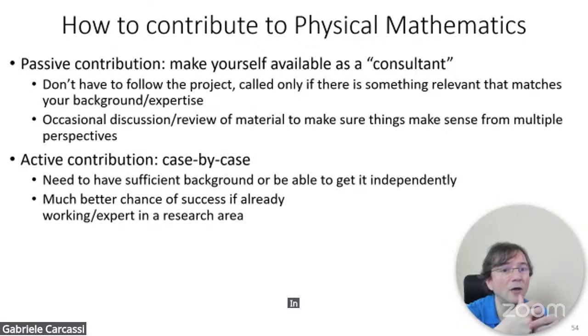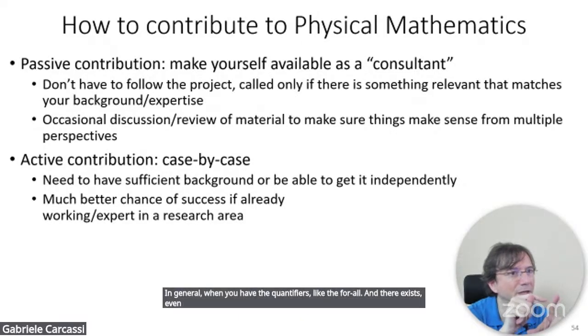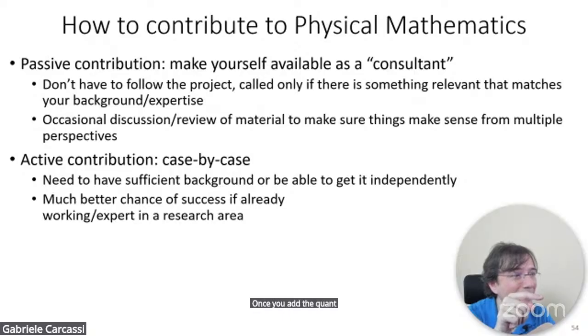In general, when you have the quantifiers, like for all and there exists, even if you're able to make the statement verifiable for one case, once you add the quantifier, you're not necessarily guaranteed that that statement is verifiable.